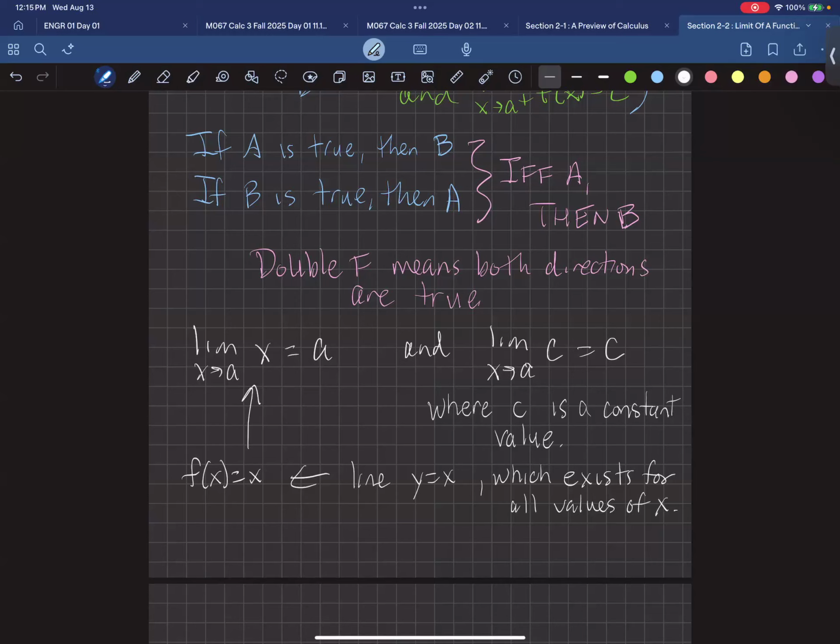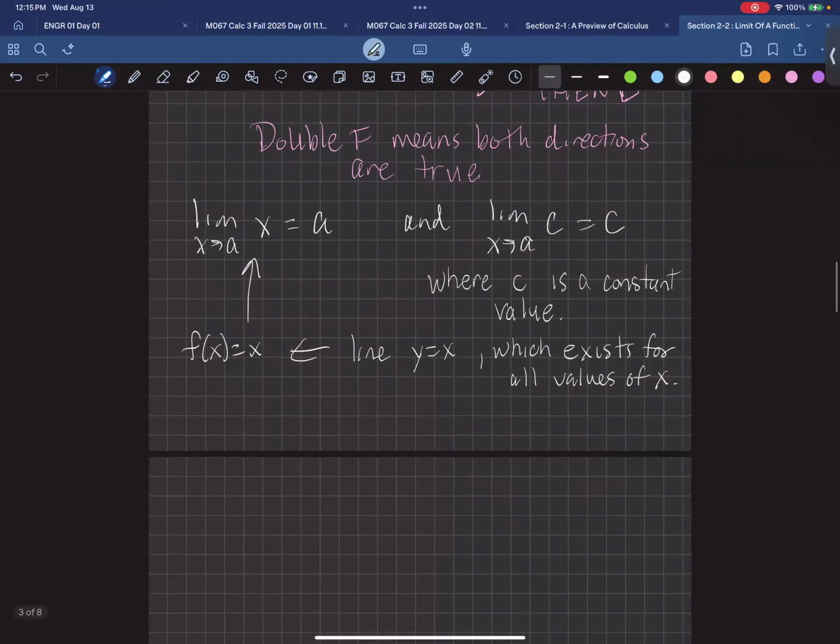So the idea of a limit isn't just restricted to points where it doesn't exist. We can use it on values where it does exist. The constant value one is like y equals -2. So f of x equals -2. And even if we did this at x, let's say around 0, it doesn't matter which value we do.